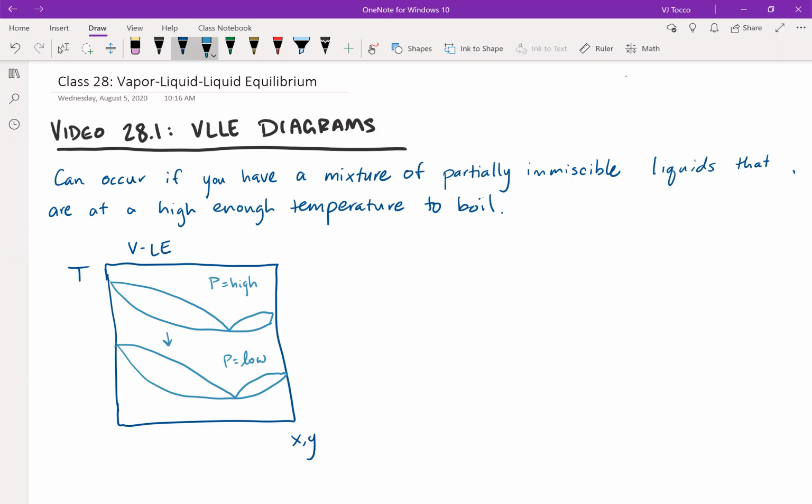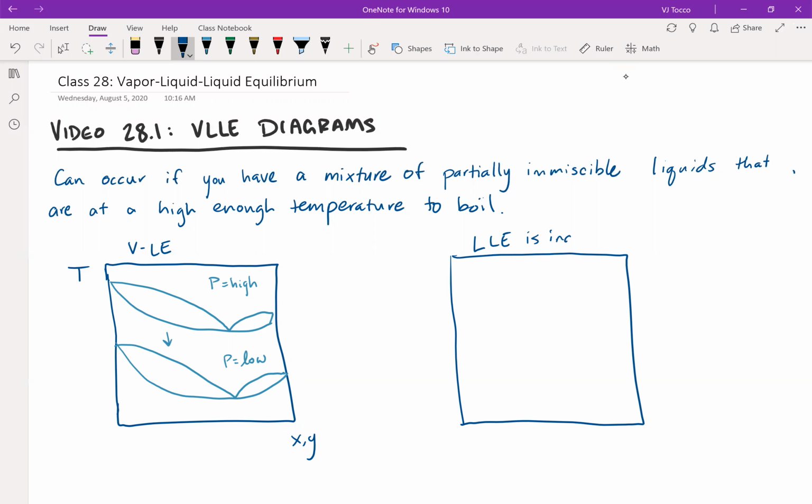pressure. What does the liquid-liquid equilibrium curve look like? No matter what the pressure is, it's going to look very similar. Remember, liquid-liquid equilibrium is independent of pressure. Well, no, that's not right. It is less dependent on pressure.